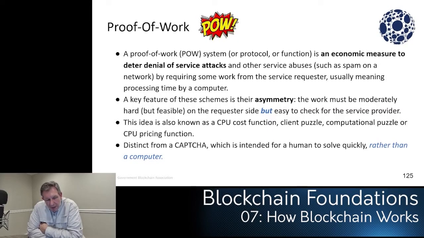And proof of work is a protocol. It's a function. It's like an equation. What it was used for initially was when websites first started getting put up, bad actors were trying to knock them down by using something called a denial of service attack. What that means is, if you had a website and I wanted to knock it down, I could just send so many messages to that website to completely overwhelm its ability to process requests, right?